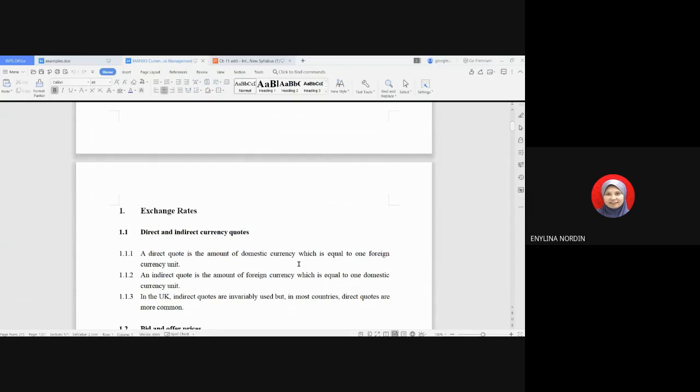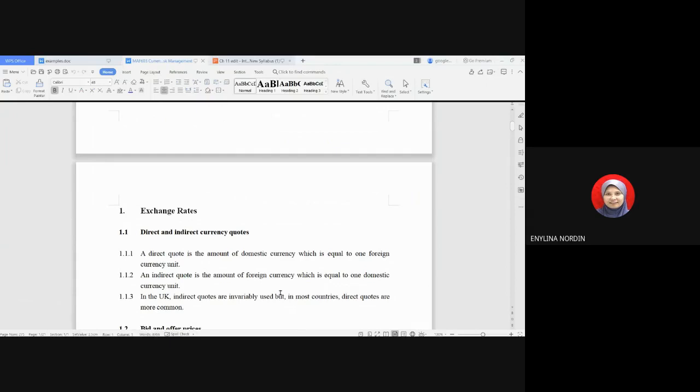So one ringgit divided by 4 ringgit 20 cents is going to be 0.24 dollar.